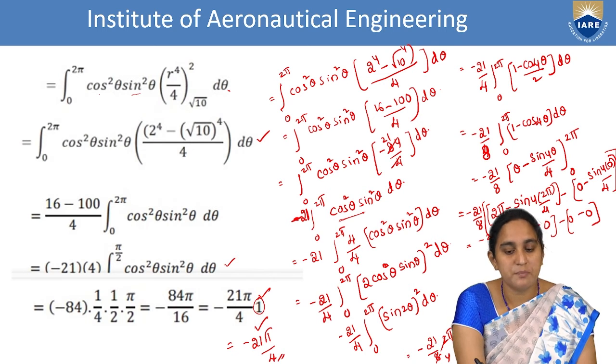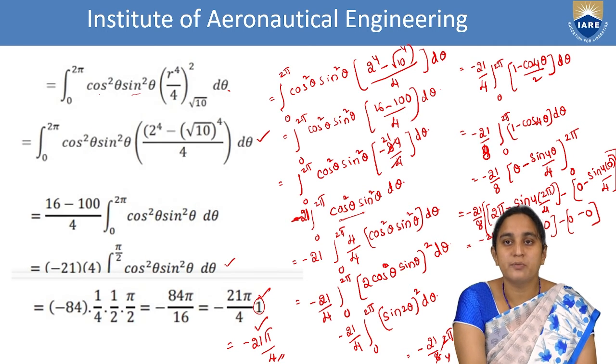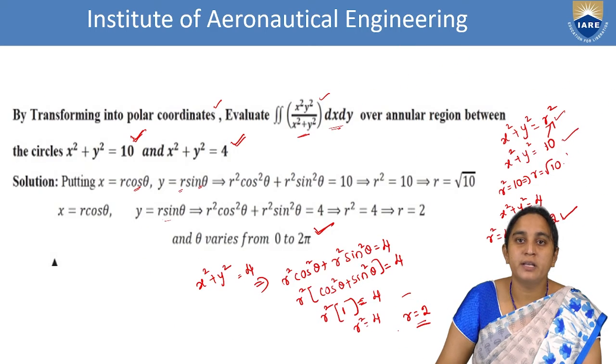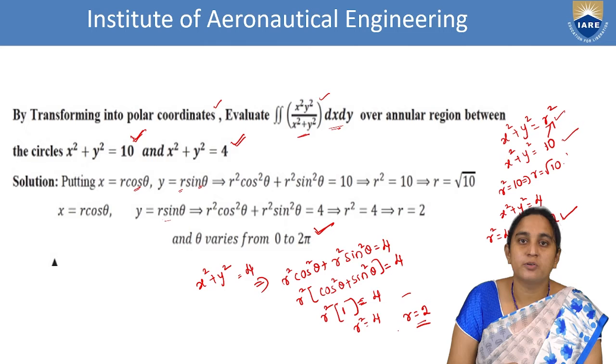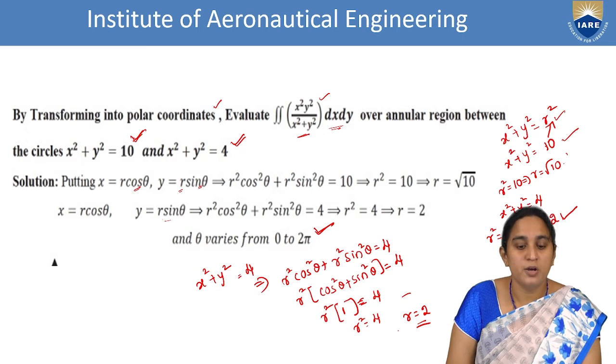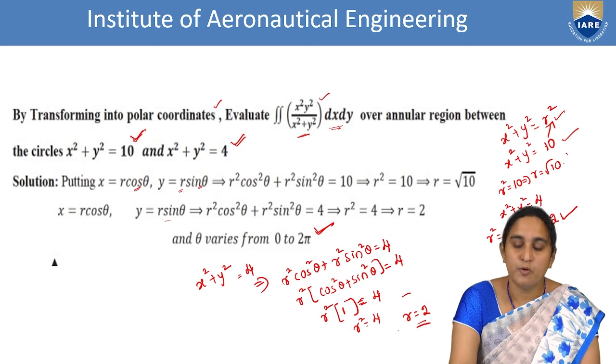Okay, once again I'll repeat this. If they are given in Cartesian form and we have to convert to polar coordinates, we can take the parametric equations x is equal to r cos theta and y is equal to r sin theta. From that we can convert x and y in terms of polar form r and theta. Now I'm converting the two circles x square plus y square is equal to 10 and x square plus y square is equal to 4 to polar form.